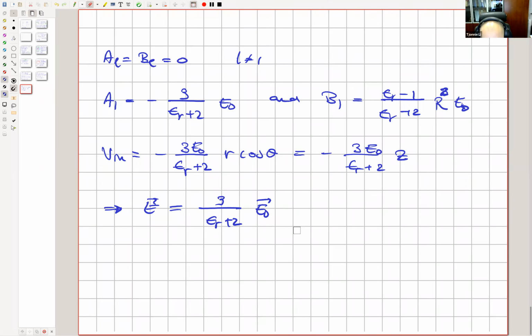It is the same, and R equals A. Oh, the epsilon, that's what you mean.